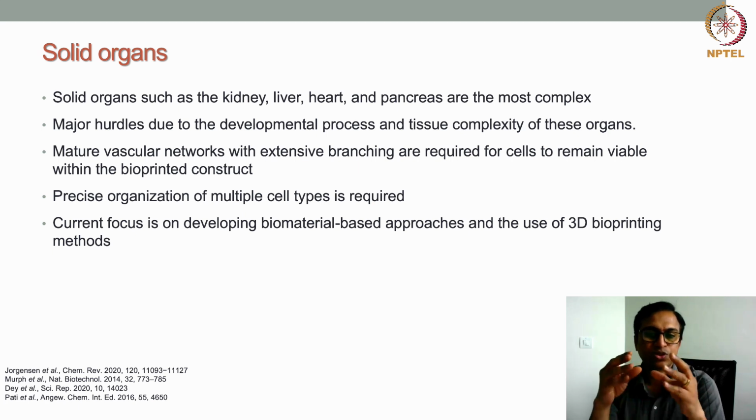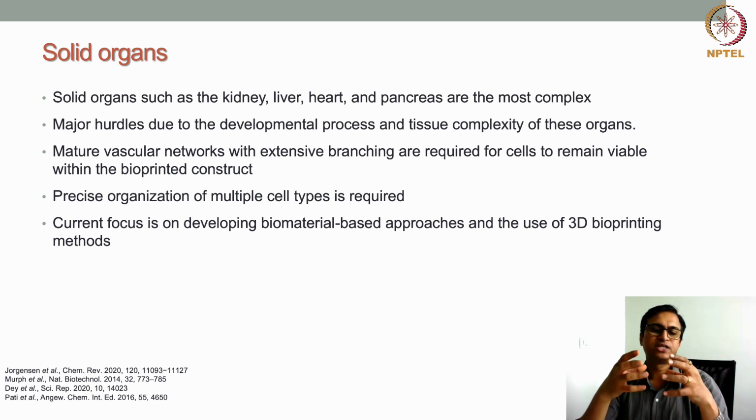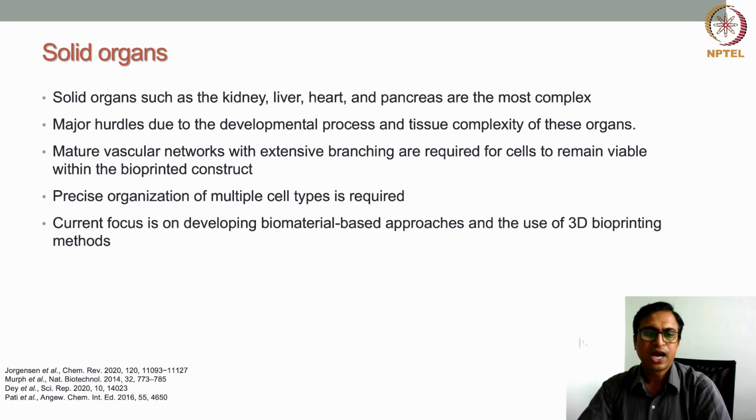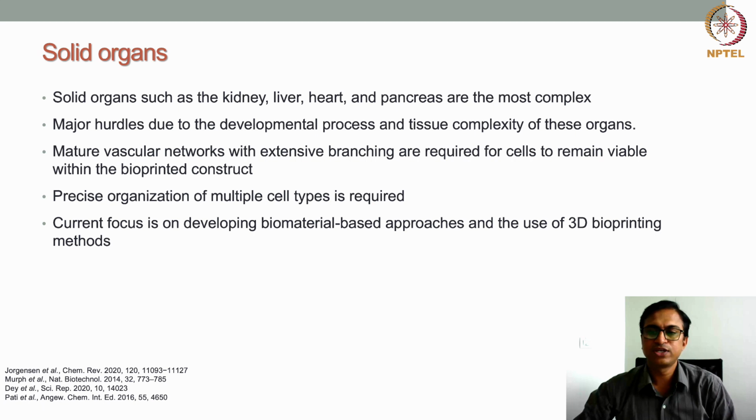That means you need extensive branching crisscrossing the whole bioprinted construct, so that each and every cell within that thick construct gets nutrition and becomes metabolically active, and then they function. Otherwise they cannot sustain. So that is very important. A natural vascular network with extensive branching is required for these things.